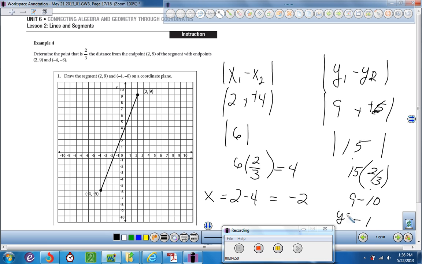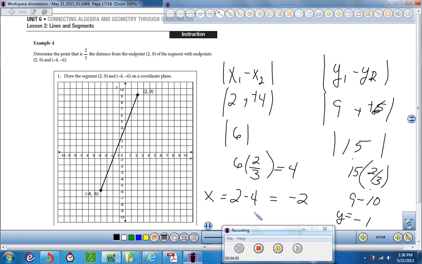So what we have to do is take the distance in the y's. That's where the 15 comes from, and then we multiply that times 2/3, or whatever it may be. We took the change in the x, multiplied it by 2/3, and that gave us 4. Then we add or subtract depending on which way we're moving. Since we were moving back to the left for the x, we subtracted, and since we were moving down for the y, we subtracted as well.